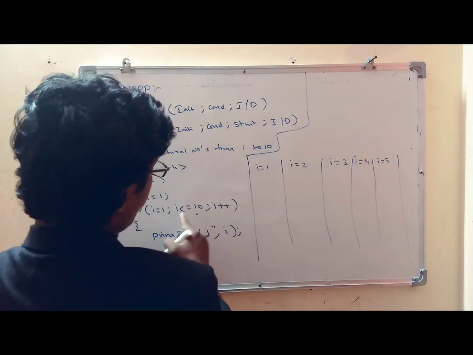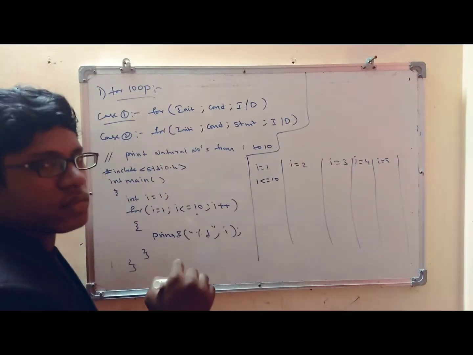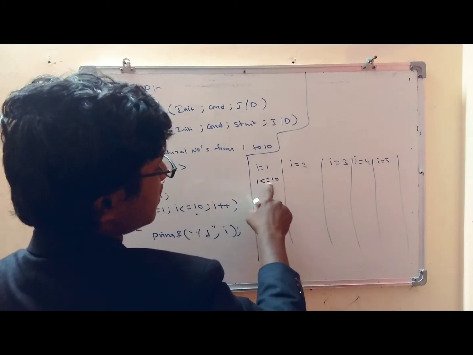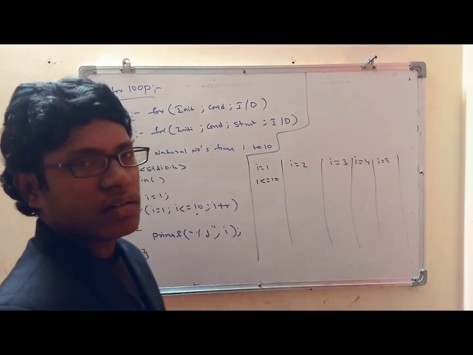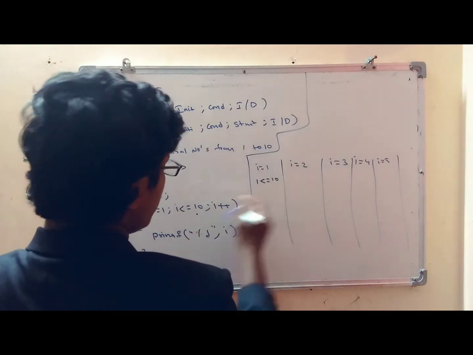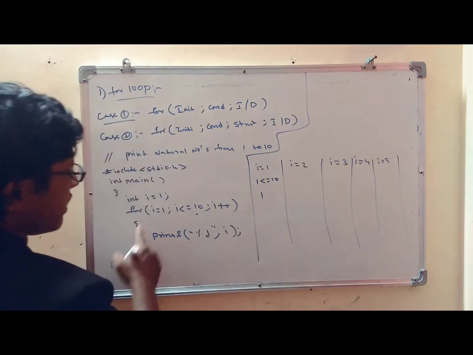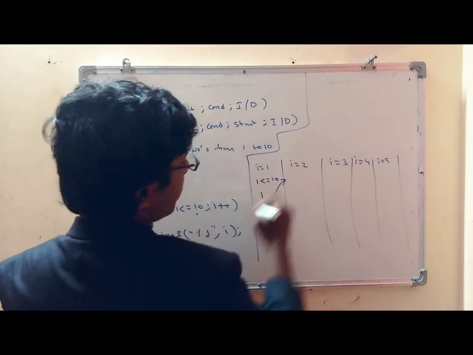So it will print 1, and it will be incremented by i++, meaning it becomes 2. So it will go to here.